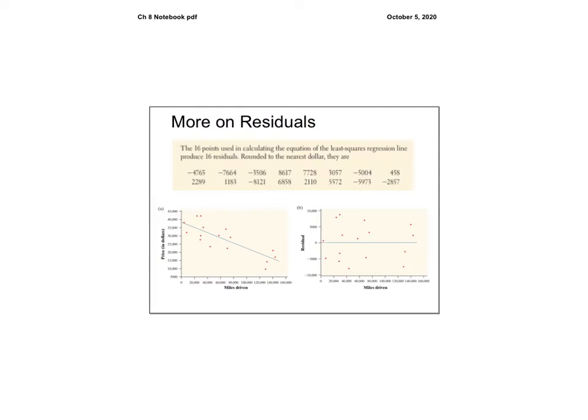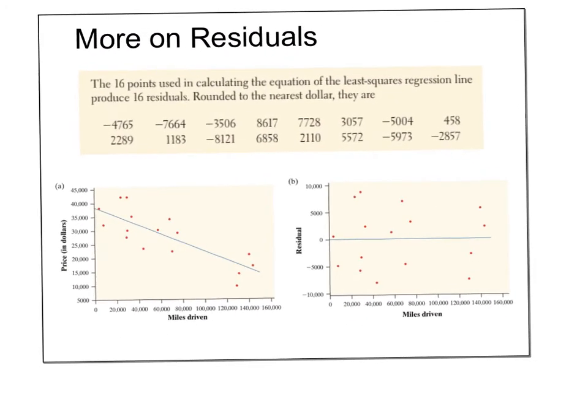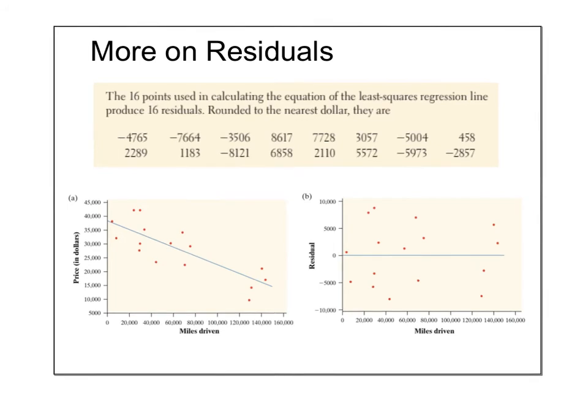Well, here is an example where we have all of our residual values calculated, and here they are. For each of the truck values, our actual minus our predicted, here is our initial scatter plot. And what a residual plot does is it kind of magnifies the deviations of each of the points from the line.